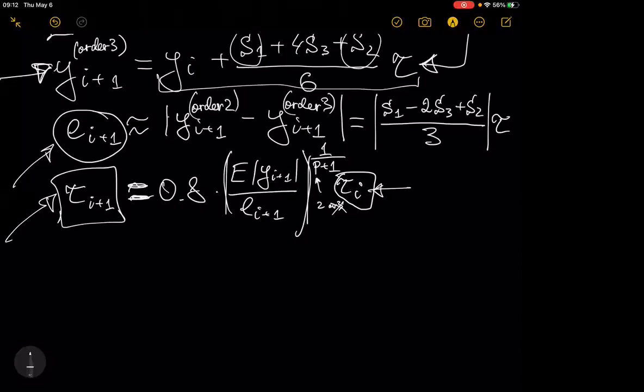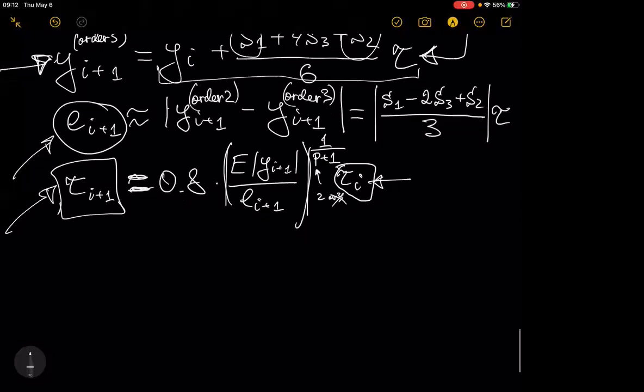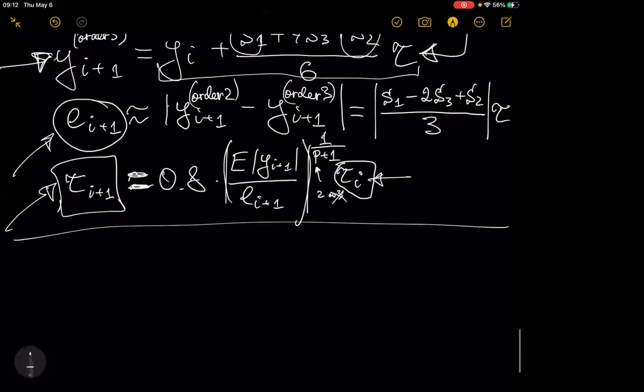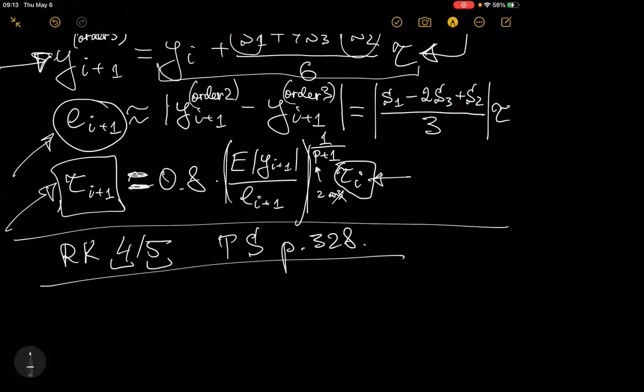Okay, so I recommend you look at your book. One of the most popular methods is Runge-Kutta 4-5, which uses order 4 and order 5 methods. It is on page 328. I don't want to rewrite it because I can make a mistake rewriting these coefficients, but if you have a look there, you'll find it.